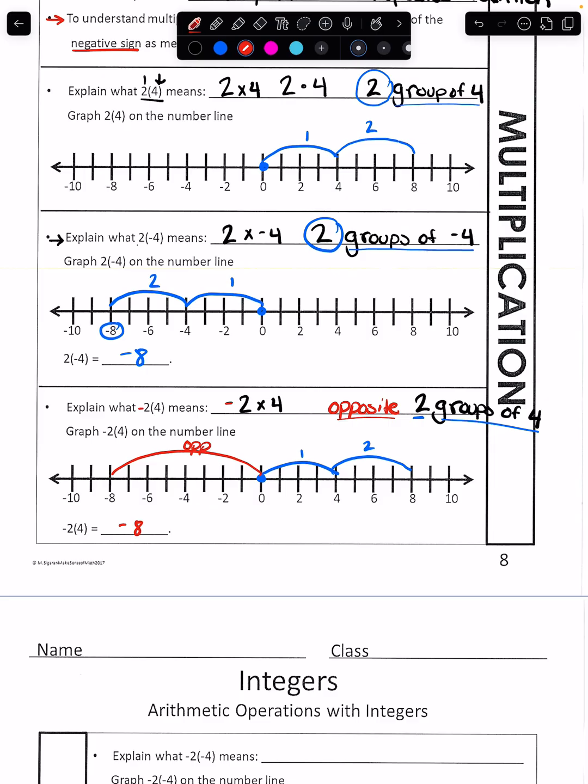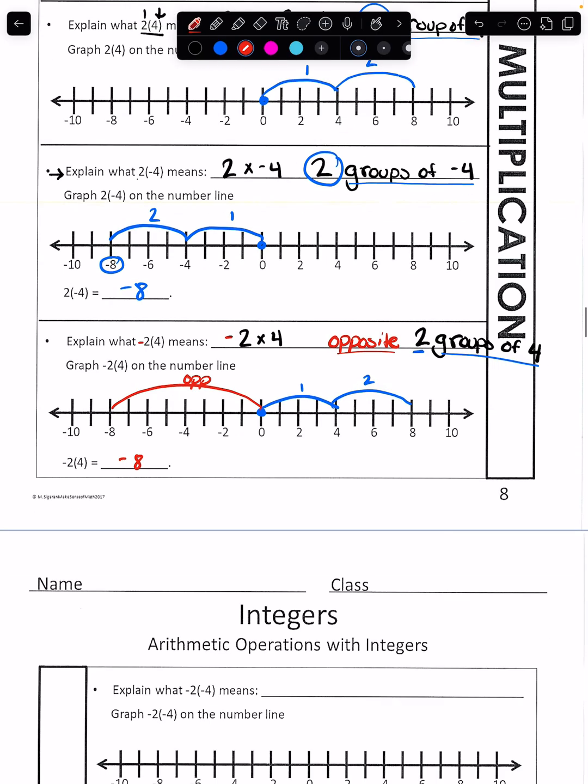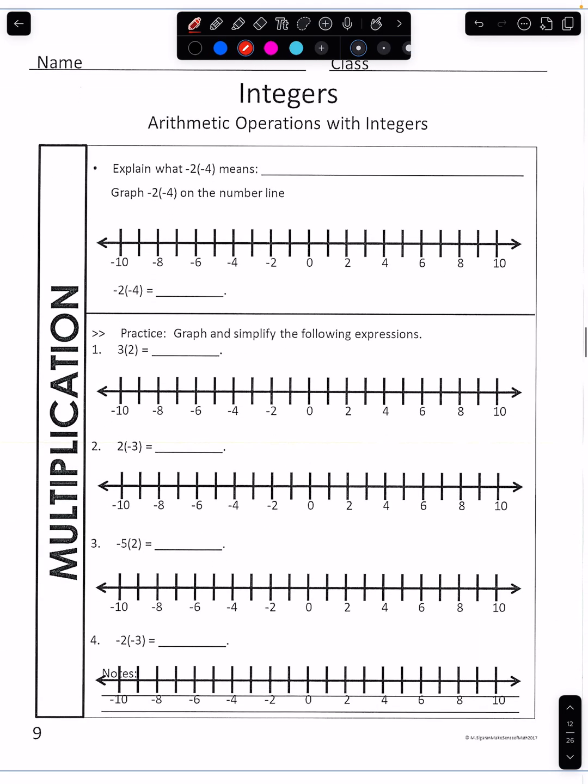All right. If we flip the page to page 9, we are also still going to practice. So top of page 9, what does negative 2 times negative 4 mean? Well, that means I have the opposite of 2 groups of negative 4.